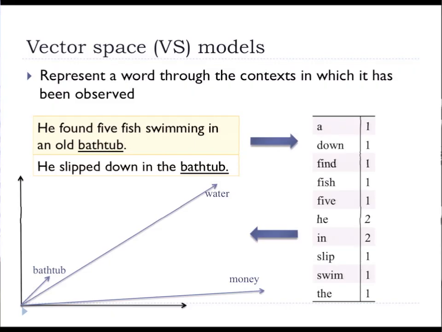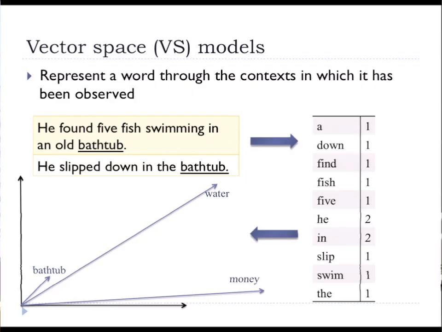We can interpret this table of counts as a vector, where each of the words we've seen in the context of bathtub, a, down, find, fish, etc., is a dimension, and the co-occurrence counts are the coordinates of the word bathtub in this space.